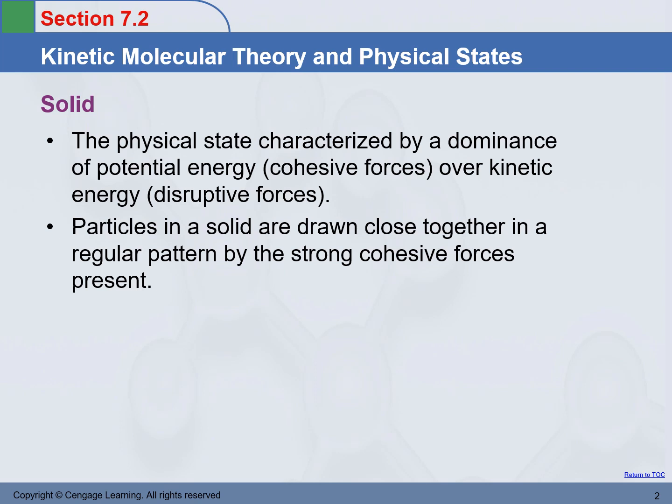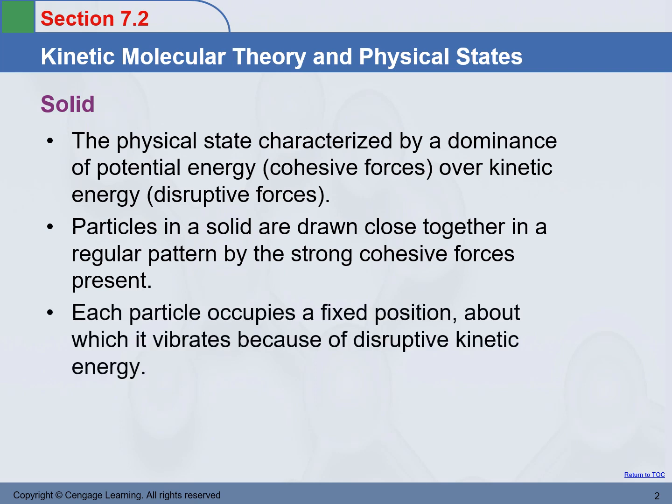The potential energy is holding all the particles close to each other, in fixed positions. Each particle occupies a fixed position, and the movement of those particles is vibration. They cannot move away from their fixed position. They vibrate.